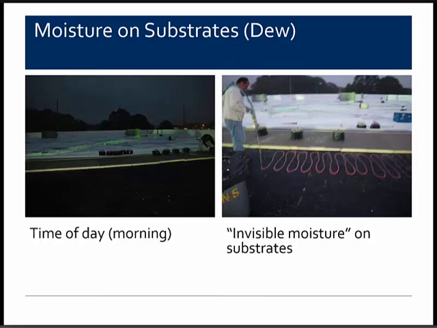The insulation subsequently had dew on it, and after the first few days of warm weather, when the sun would heat up the membrane, we noticed that the insulation was cupping. There was trapped moisture, in essence, that was not anticipated during the installation. So moisture on substrates has an effect on the adhesive bond of materials.